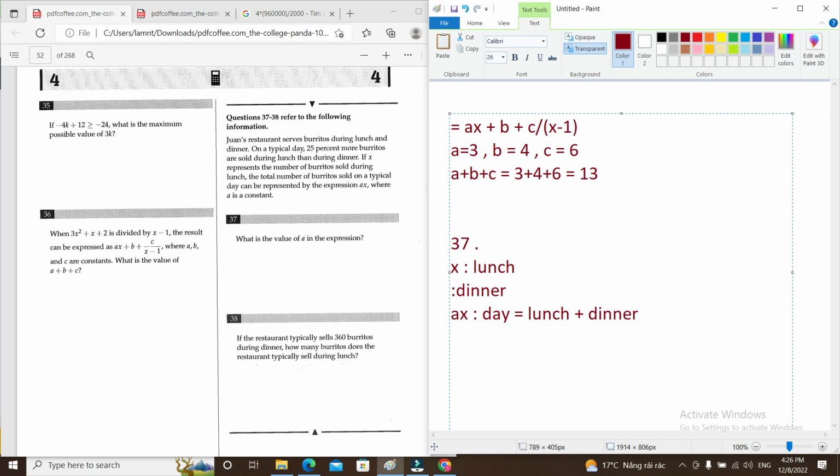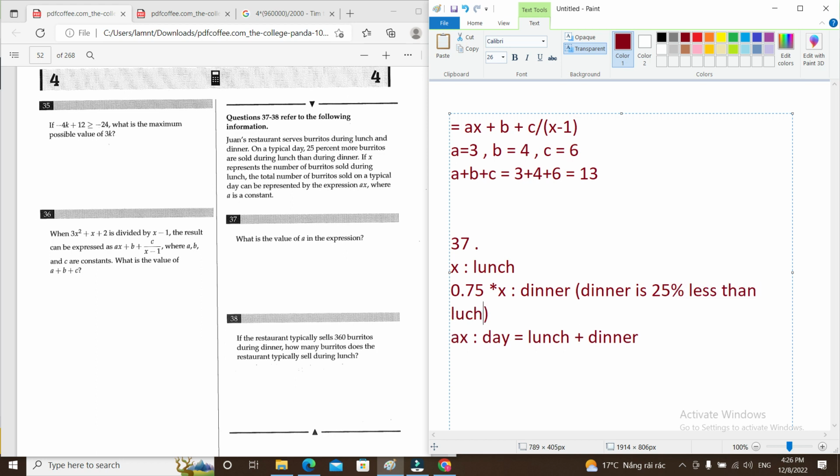On a typical day, 25% more burritos are sold during lunch than during dinner, so dinner is actually 75% of it, which is 0.75x, right? Because dinner is 25% less than lunch, right?